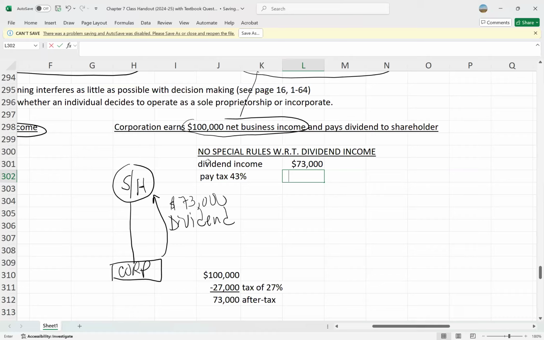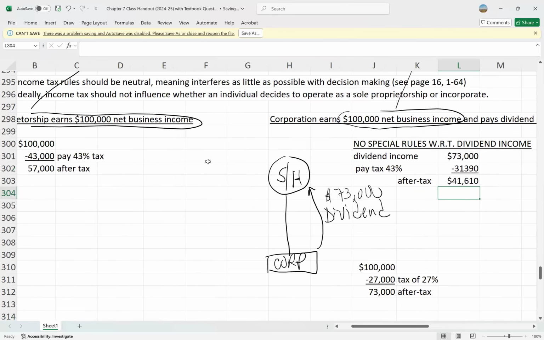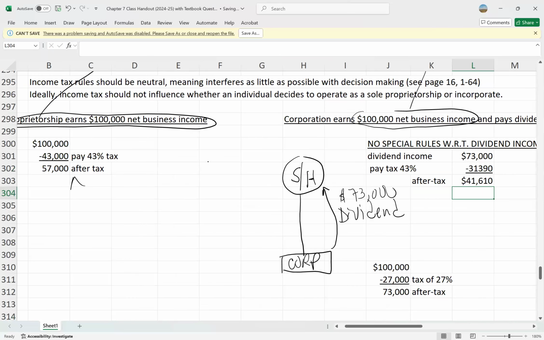So 43% of 73,000 is 31,390. The amount they would have after tax would be 41,610.